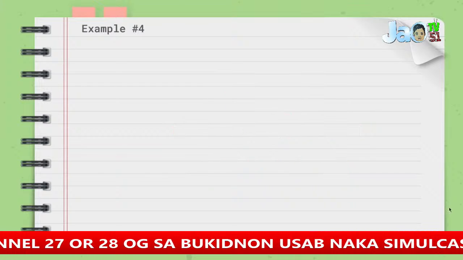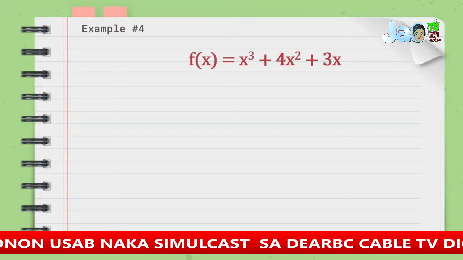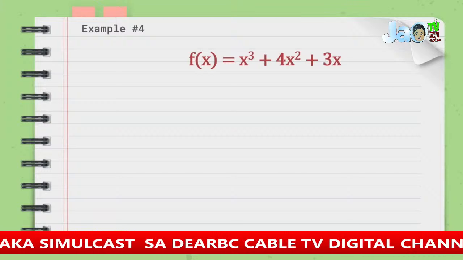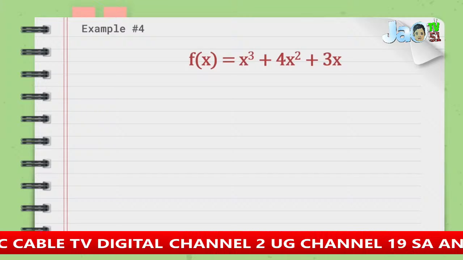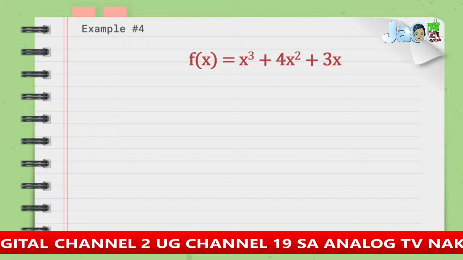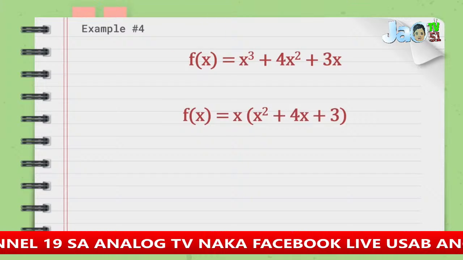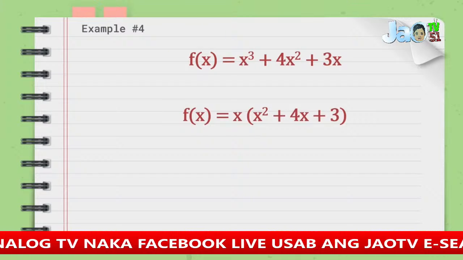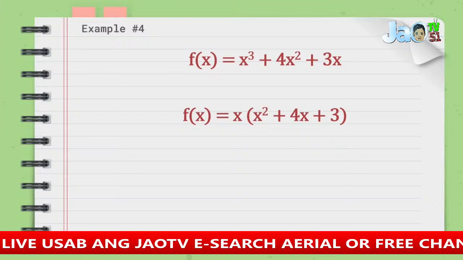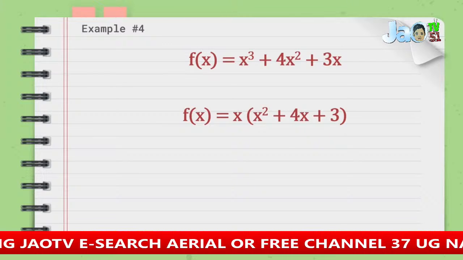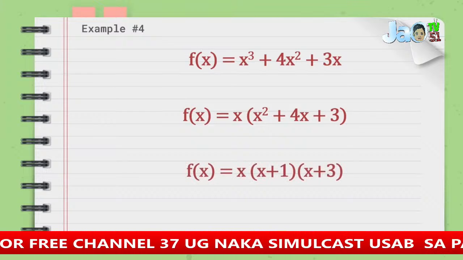Another example: f of x equals x cubed plus 4x squared plus 3x. Since x is common to all terms, we can easily factor this out, leaving x squared plus 4x plus 3. Using the concept of factoring quadratic functions, we can factor this further to the quantity of x plus 1 times the quantity of x plus 3.